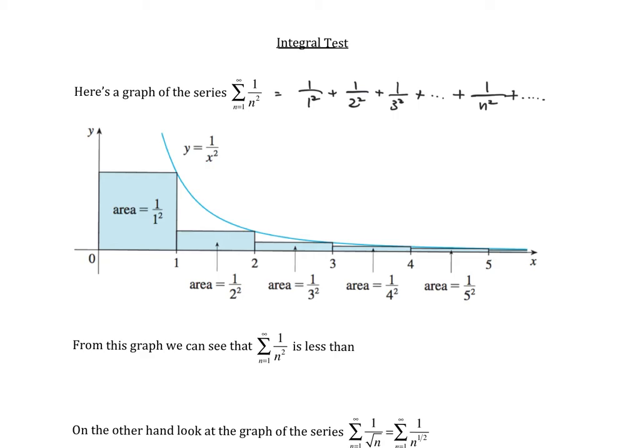The key thing that I want you to notice is that the sum, in this particular case the sum as n goes from 1 to infinity of 1 over n squared, is actually less than the area under the curve.